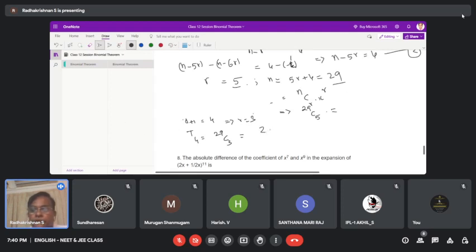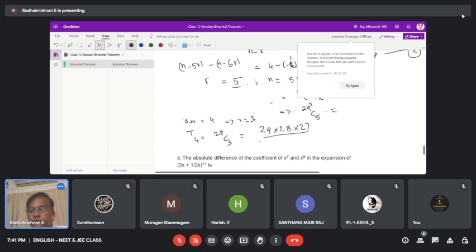So what is 29C3? It is 29 into 14 into 9.